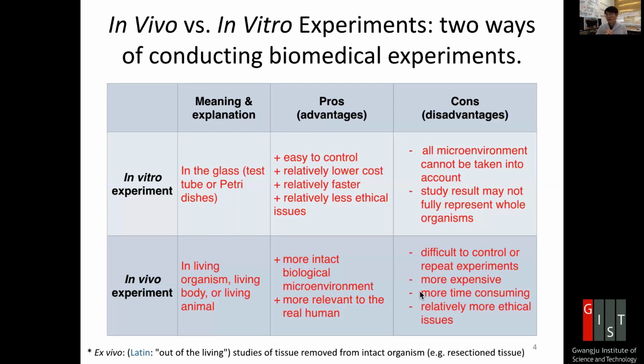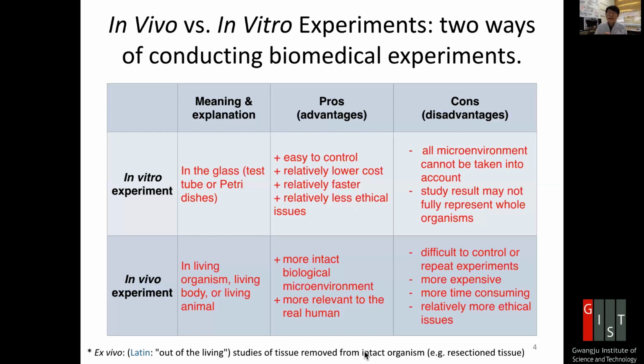And on the other hand, there is the term ex vivo, which means out of the living body. When we study tissue that is directly removed from an intact organism, we call this type of experiment an ex vivo experiment.